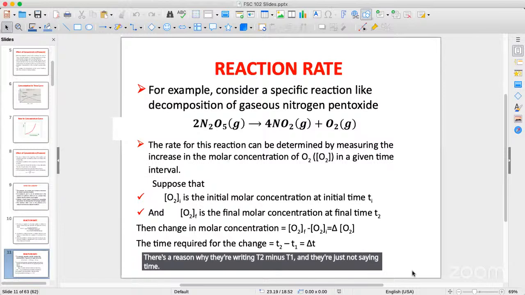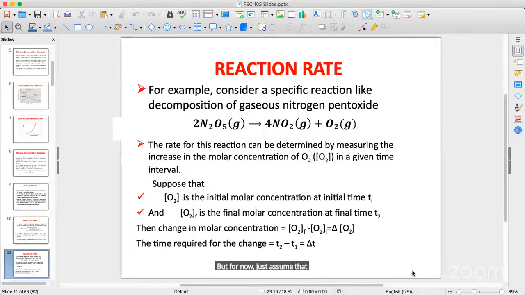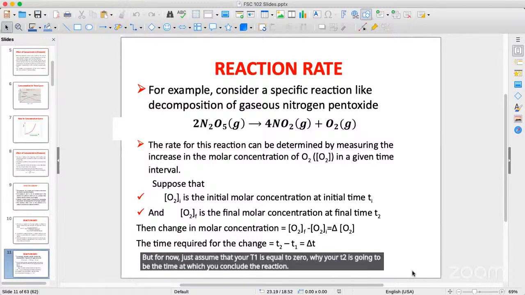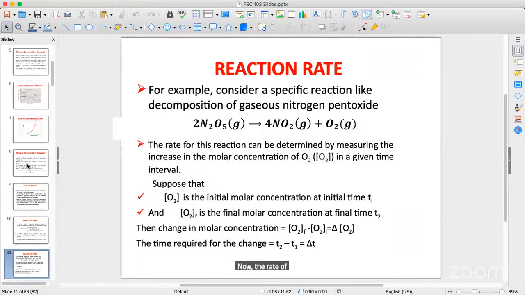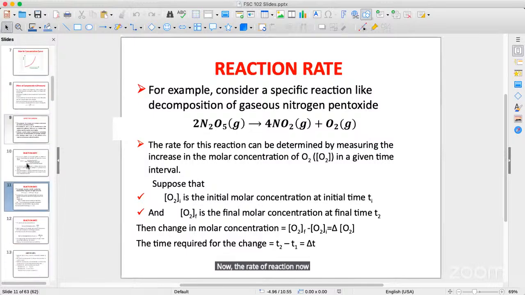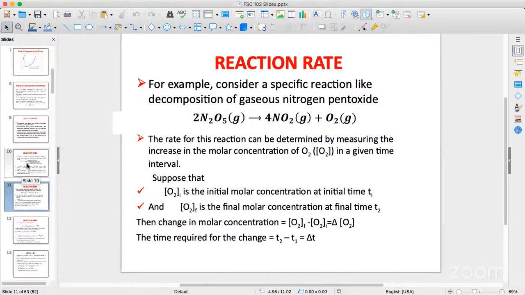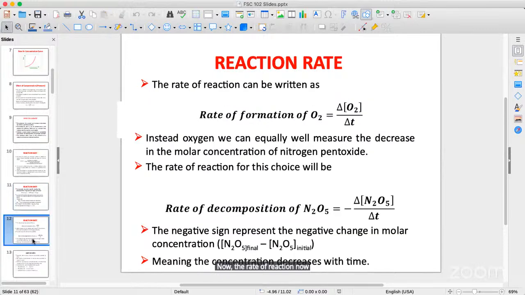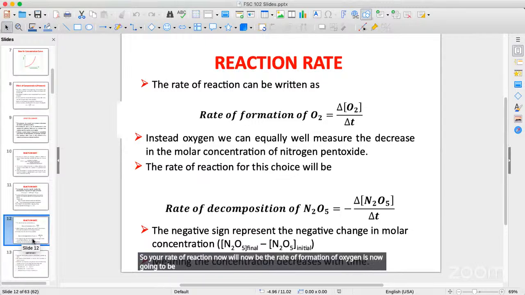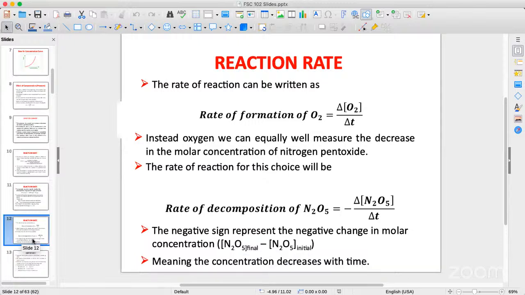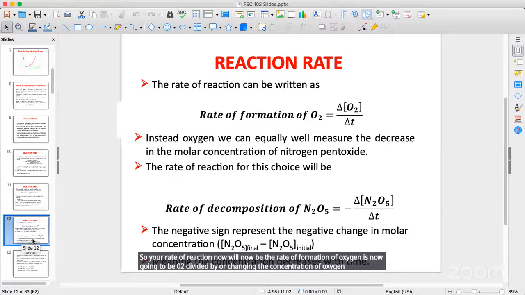But for now, just assume that your T1 is equal to 0, while your T2 is going to be the time at which you conclude the reaction. So your rate of formation of oxygen is going to be the change in the concentration of oxygen, delta O2, divided by the change in time.